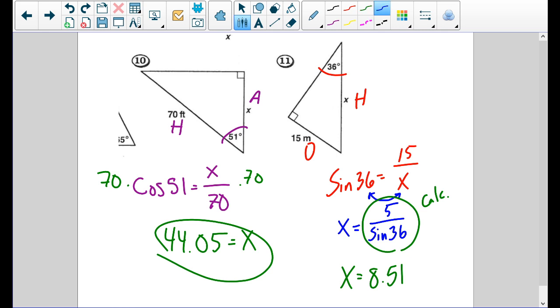That's my fault. Should have been 15, not 5. 15 divided by sine 36. 25.52.